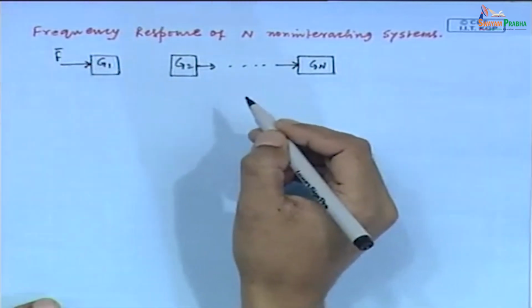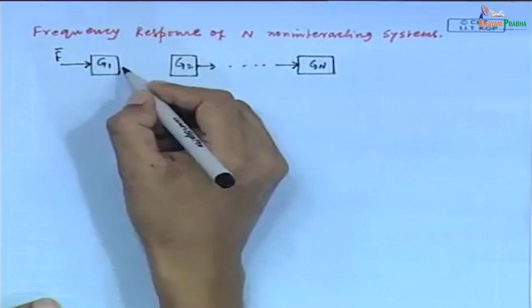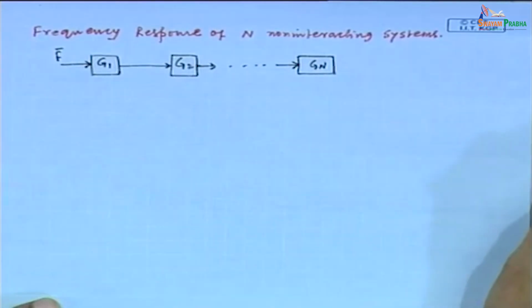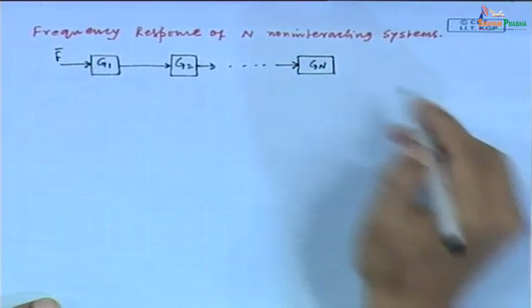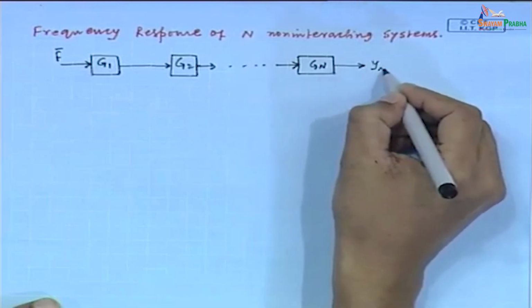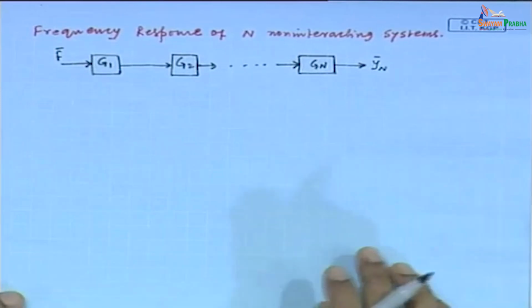So, input to the process G1 is A prime, the output of G1 is introduced as the input to G2, and finally, we obtain Y n bar. Fine. So, this is indicating the connection of n non-interacting systems.